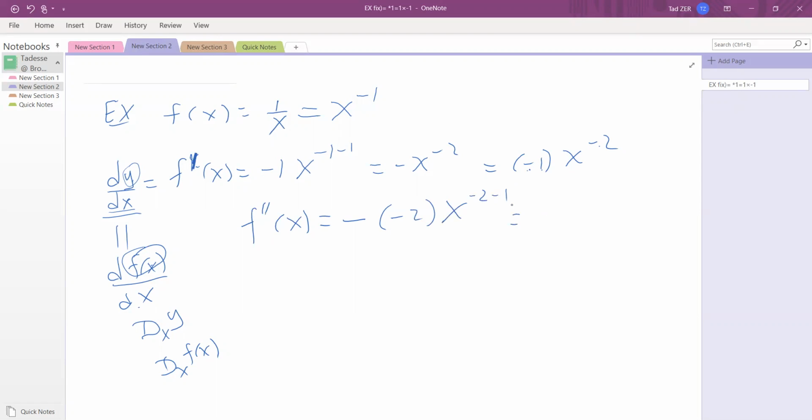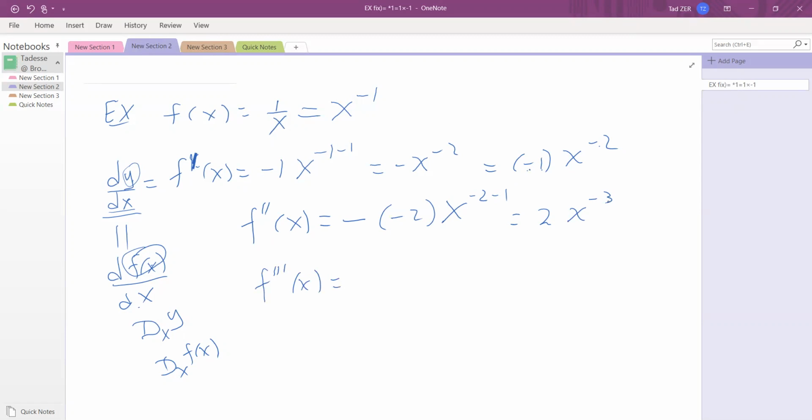Power rule again. Minus with minus, it's 2 x to the power of -3. Now look at what happens. For the first derivative, it was -2. Now we went to -3. It's increasing, right?